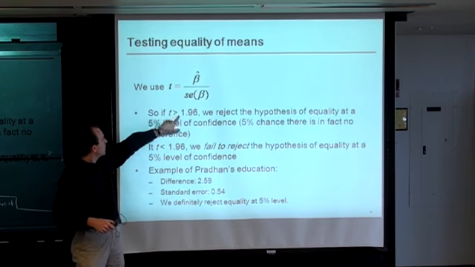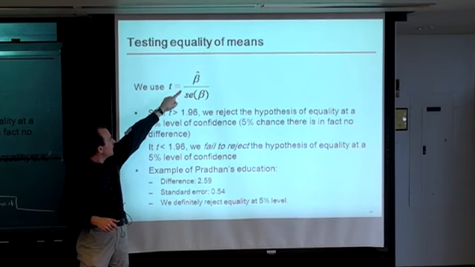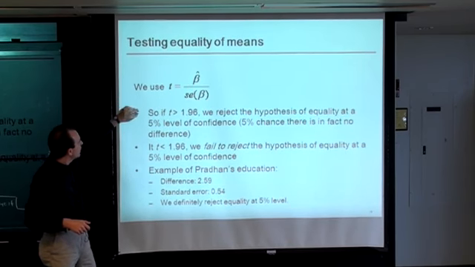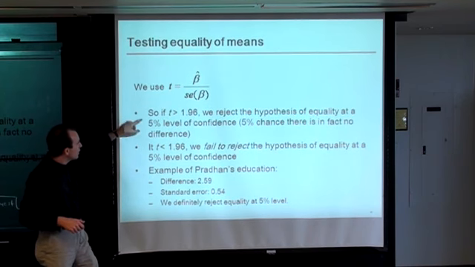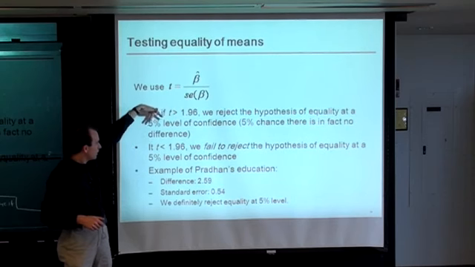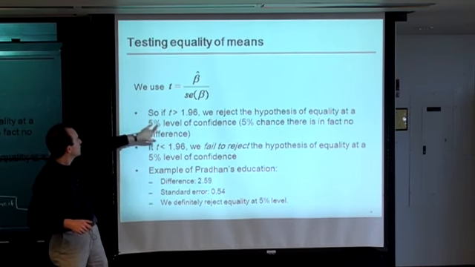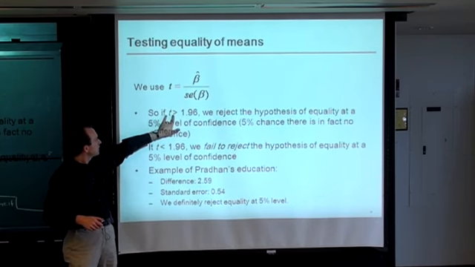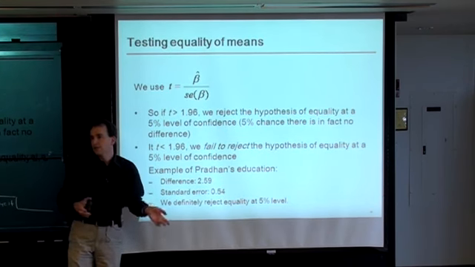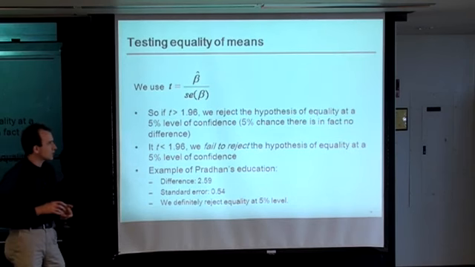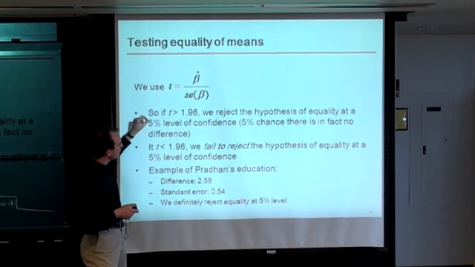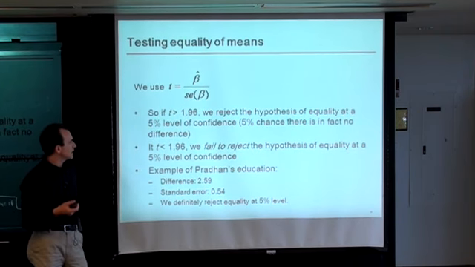So we calculate this ratio of beta hat over the standard error of beta hat. It turns out that if the absolute value of t is greater than 1.96, so essentially if it's bigger than 2 or less than -2, we're going to reject the hypothesis of equality at a 5% significance level.